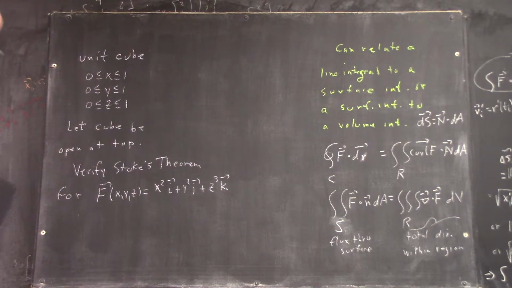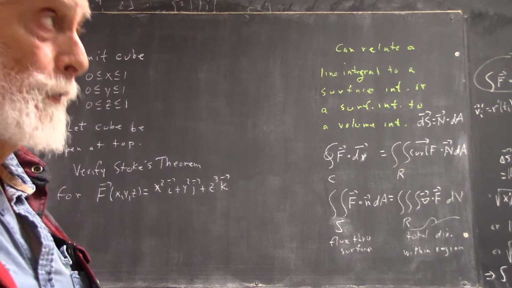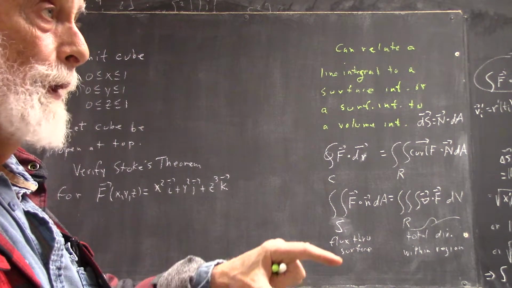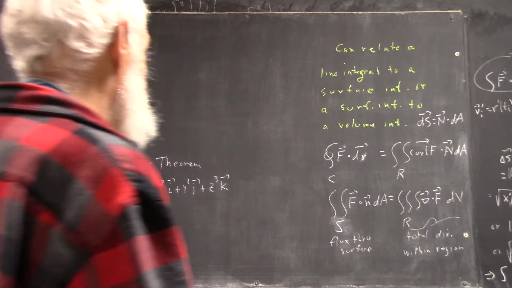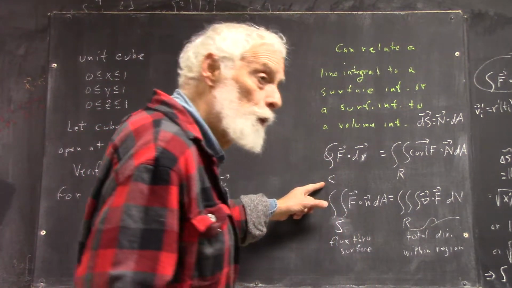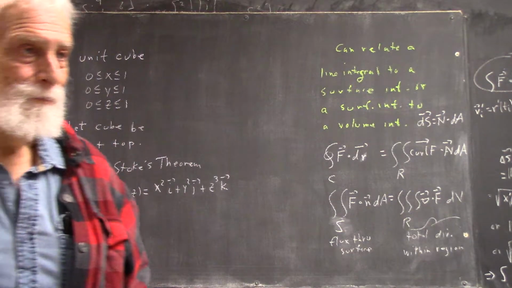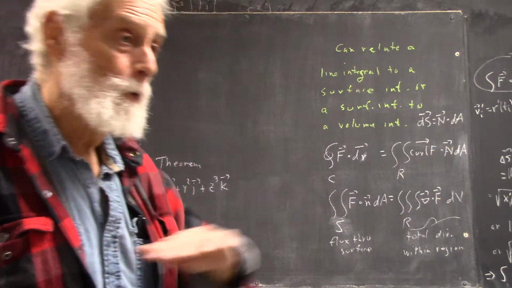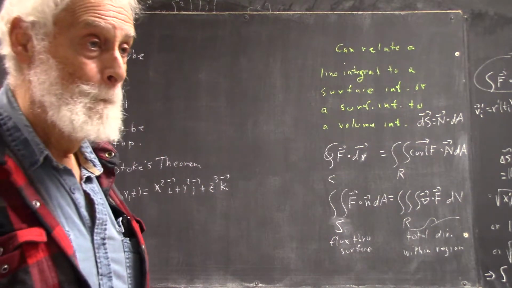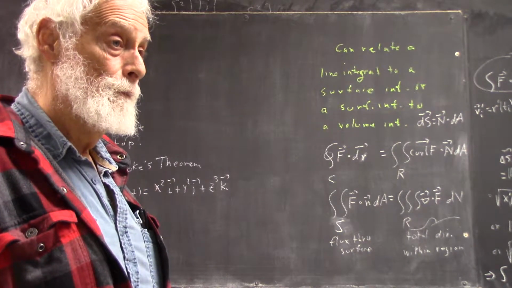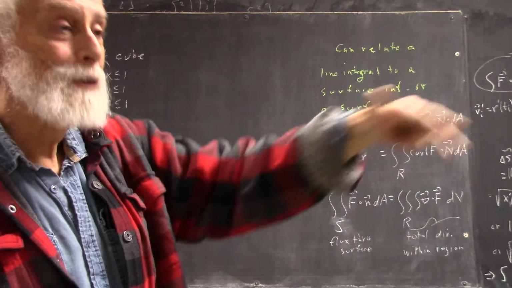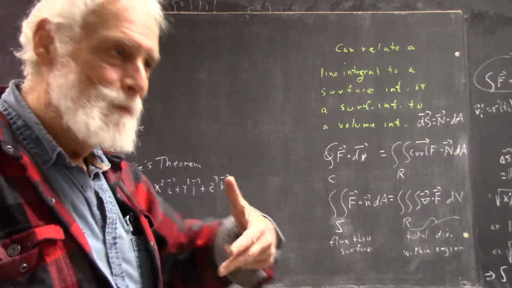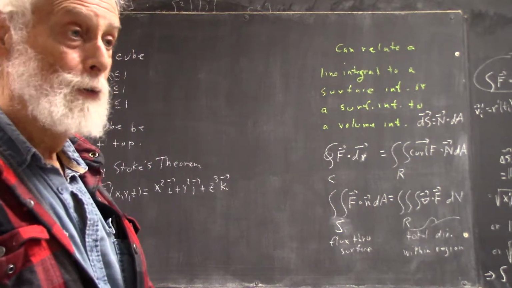Top of the cube doesn't form a boundary for the surface. It forms a boundary maybe for the volume region. But in the first place, you have to have a curve, not a surface. Top of the cube is a surface. So the 4 edges of the top? Yeah, the square at the top, okay? In one sense or another.